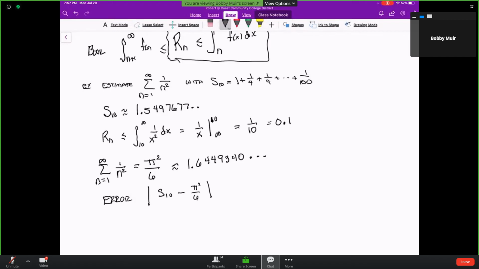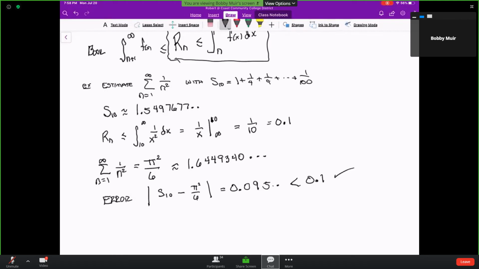I subtracted the wrong number. Start over again. I take pi squared divided by 6 and subtract off 1.5497677, and what I get is 0.095, and that's certainly less than 0.1, just as advertised.